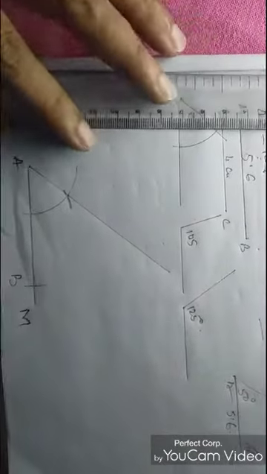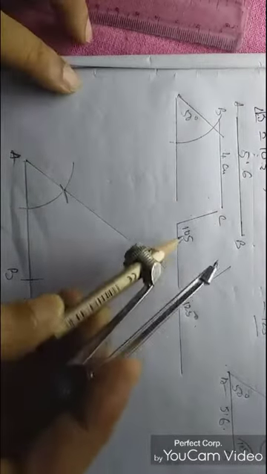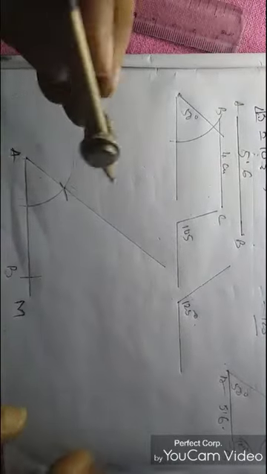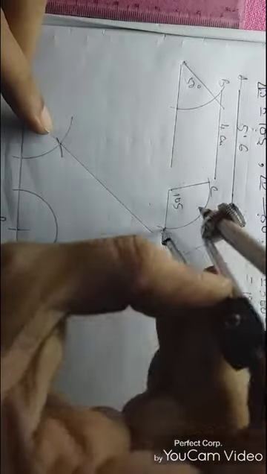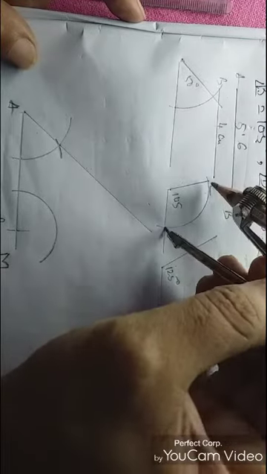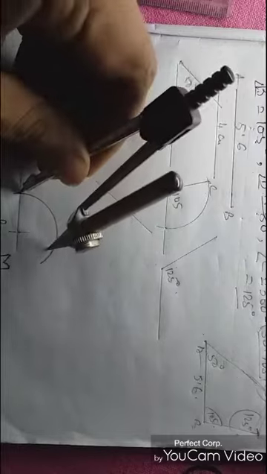Now angle B equal to 105 degrees. Once again, with a suitable length of arc you can get 105 degrees. Get it a little bit more, and this is the length of this, and this is the intersecting line.